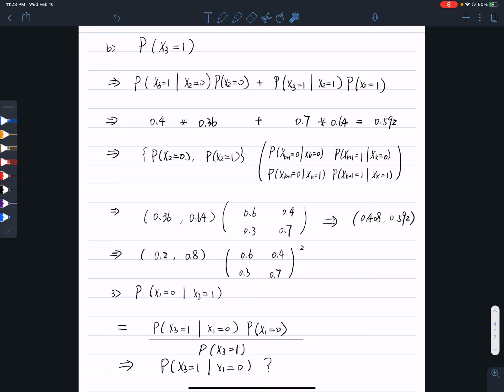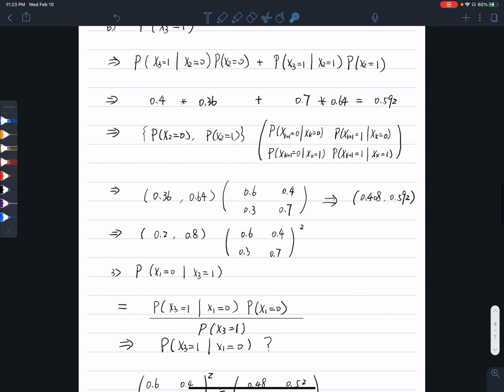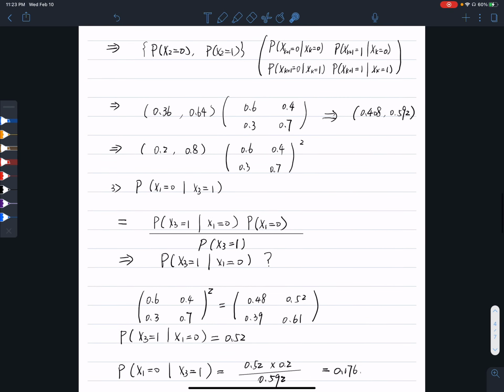So basically, we can also start with x1 equal to 0 and x1 equal to 1, and multiply by the matrix twice. We will get the same results.